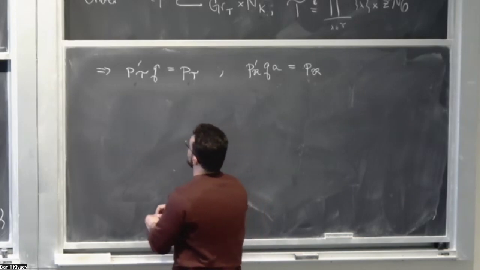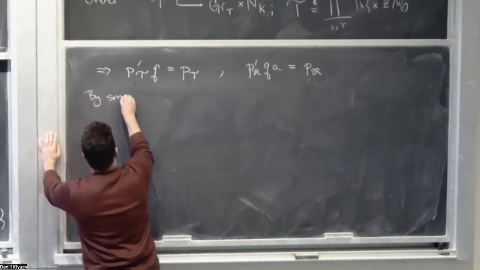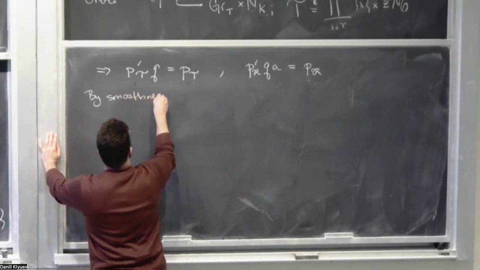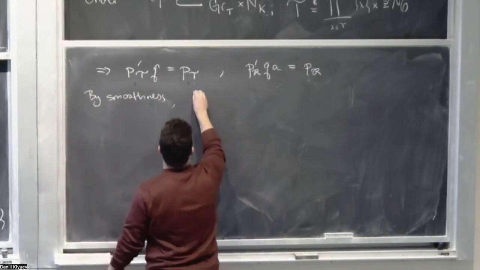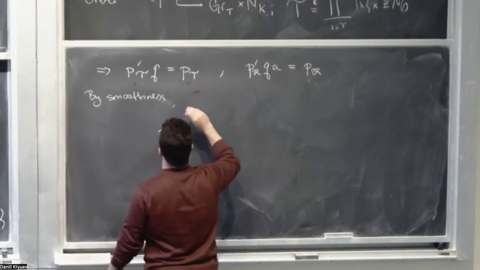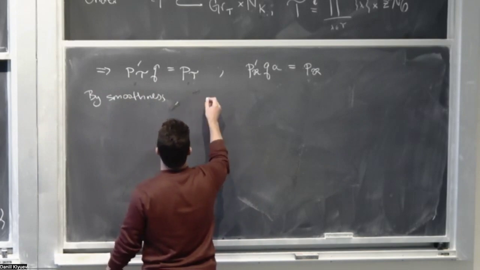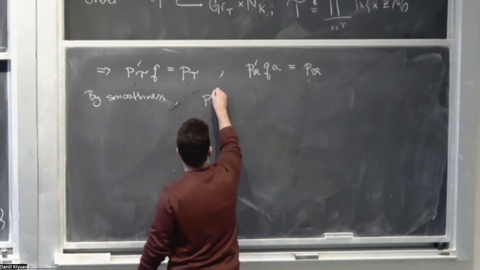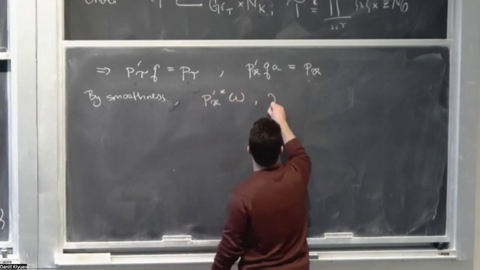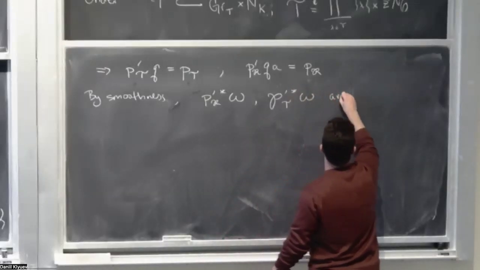And then the point is that by smoothness, we're going to get C prime pullback omega.